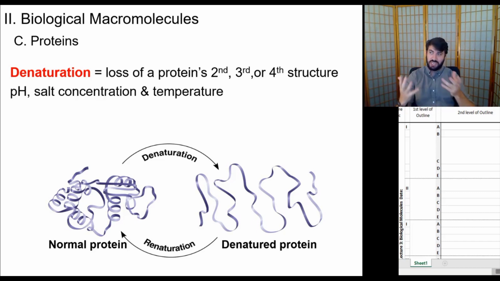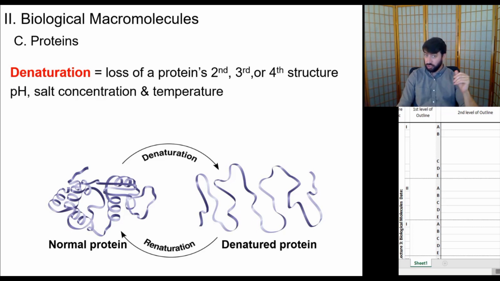So that's kind of the idea: you can increase the temperature or change the pH dramatically or adjust the salt concentration dramatically, and it'll cause these different structures and bonds to break down and eventually denature and break apart. Now the real question is, for you guys, what happens when you denature a protein? What do you think?